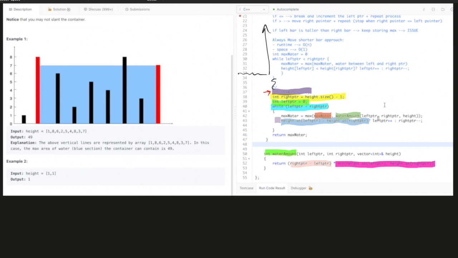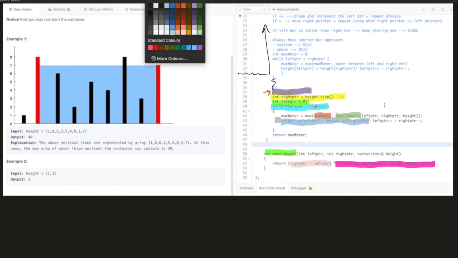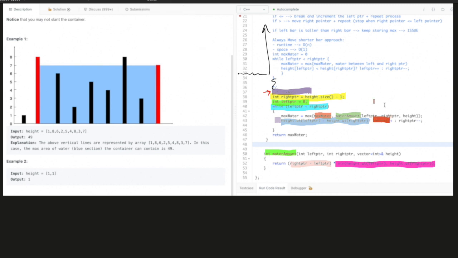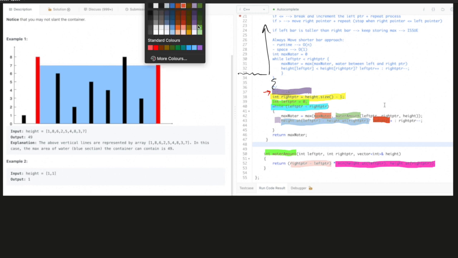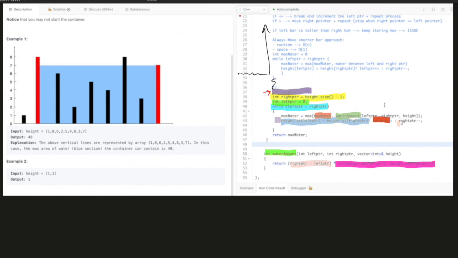So we move the left pointer inwards, which is what the left pointer plus plus statement is doing. And with the right pointer, we want to move that inwards as well, so we decrement it. So we have minus minus. Okay, so that is our while loop. And at the end of that, we just return the max water, because that's the maximum amount of water we've seen so far.